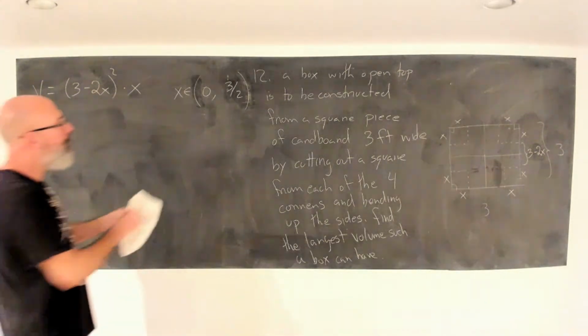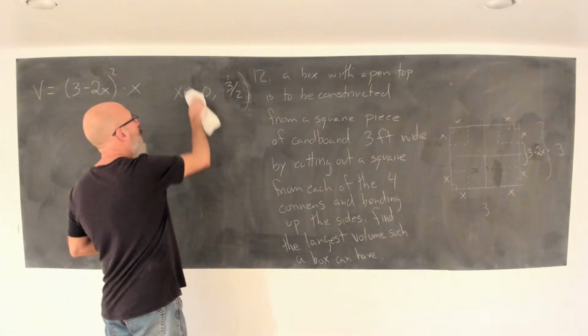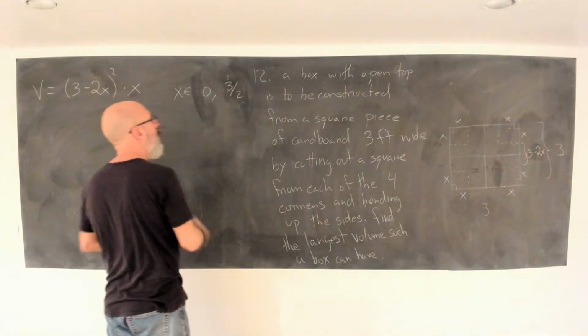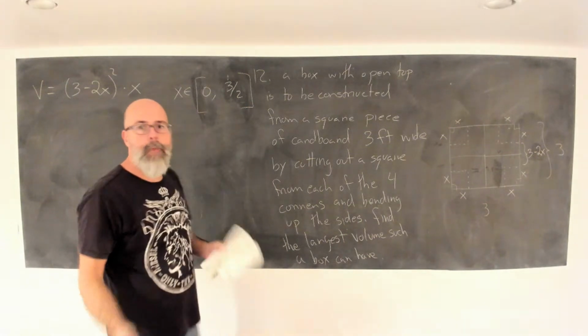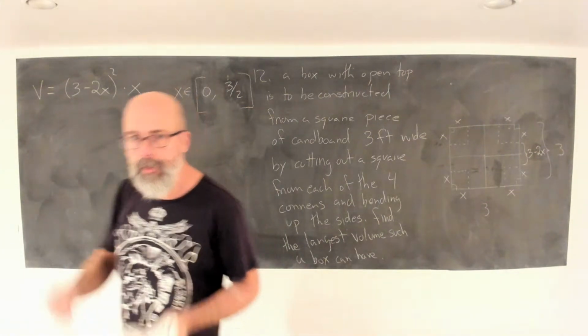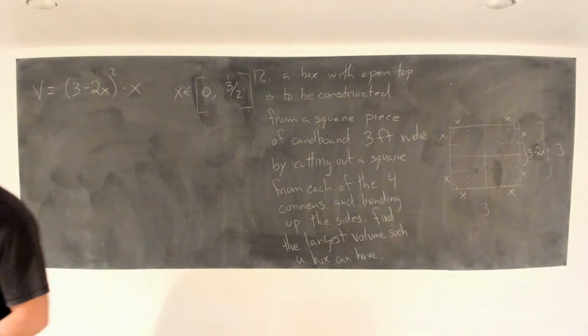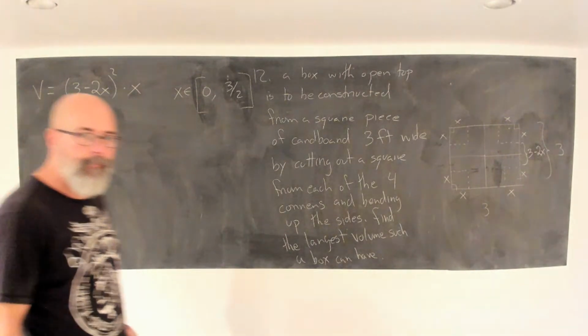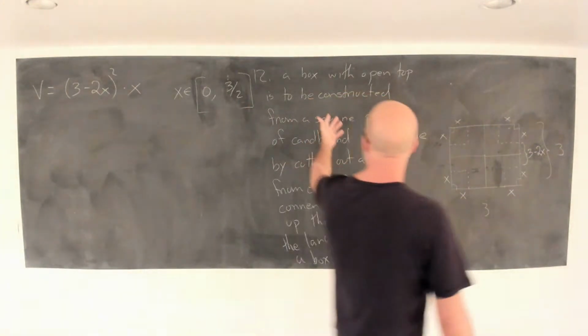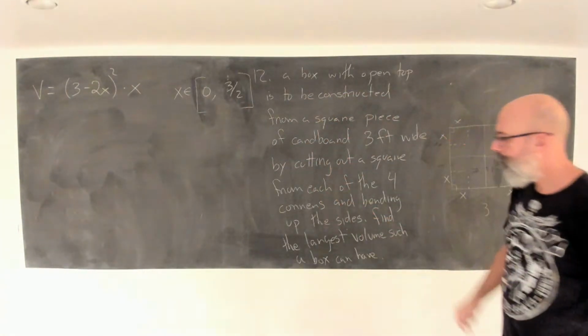So what am I saying? Open brackets, closed brackets, it doesn't matter, because the endpoints are not going to be where the important things occur here. Not when you're maximizing, at least.